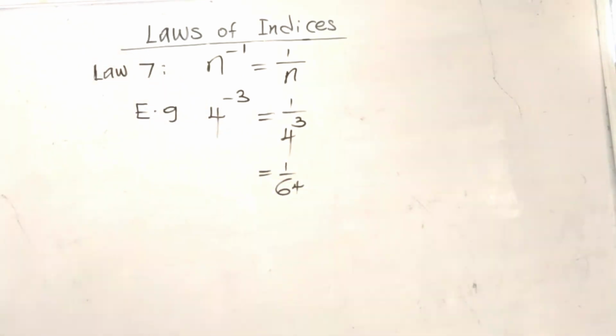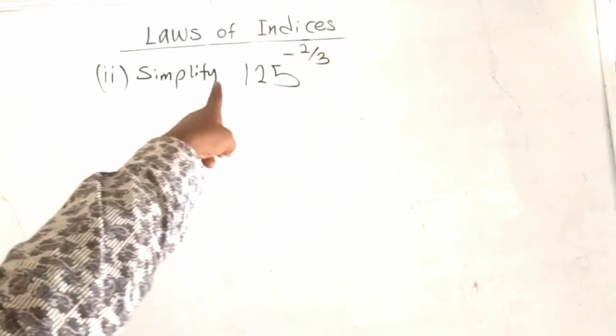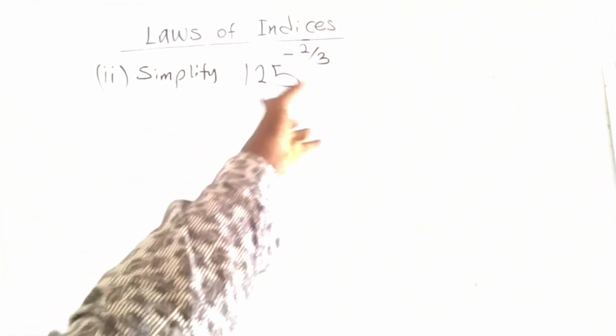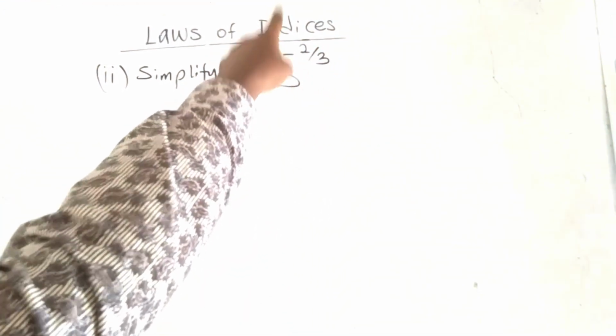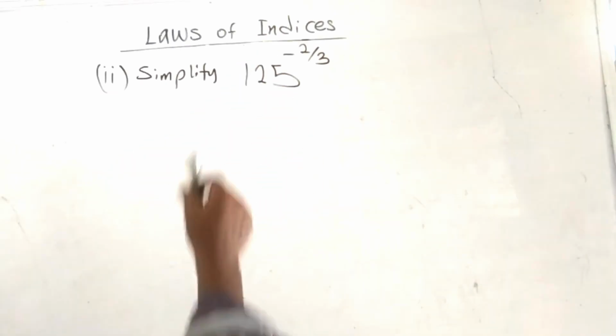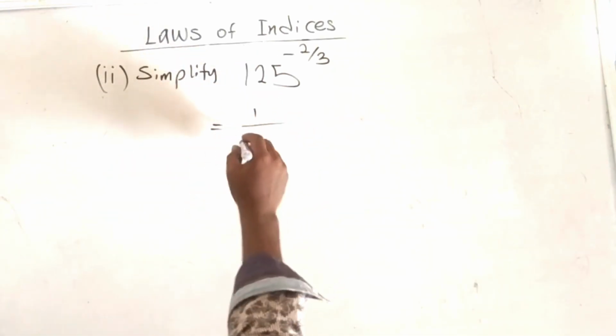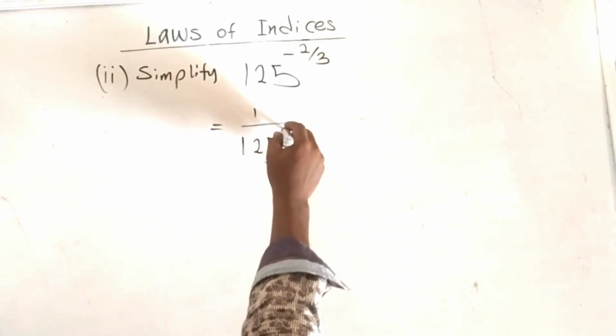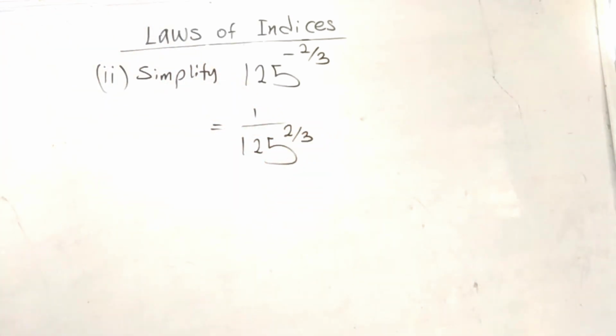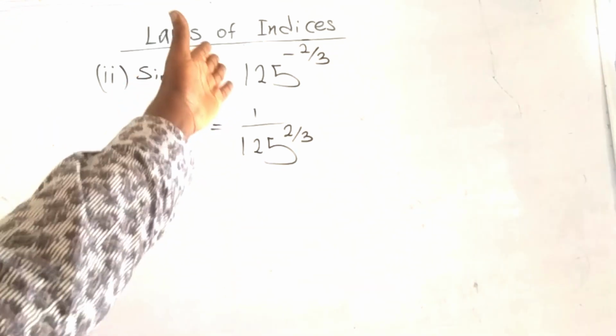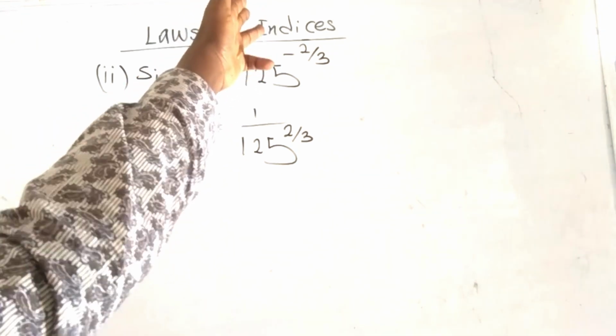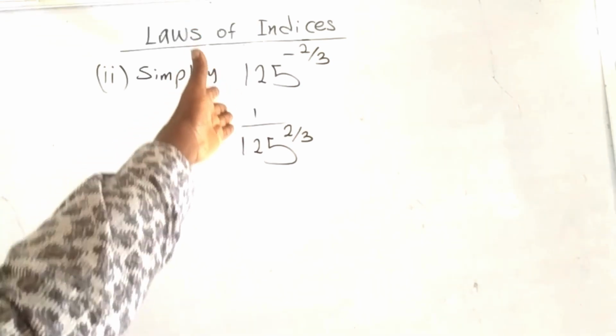Let's do more examples on that. Simplify 125 raised to the power minus 2 over 3. How do we do that? Simply change it to 1 over 125 raised to the power 2 over 3. According to that law, when you have a negative power, change it to 1 over.